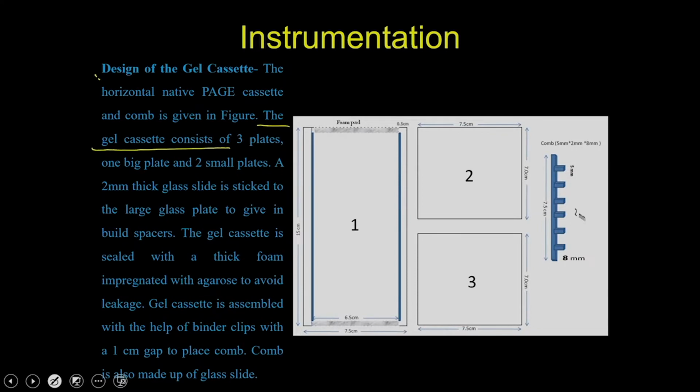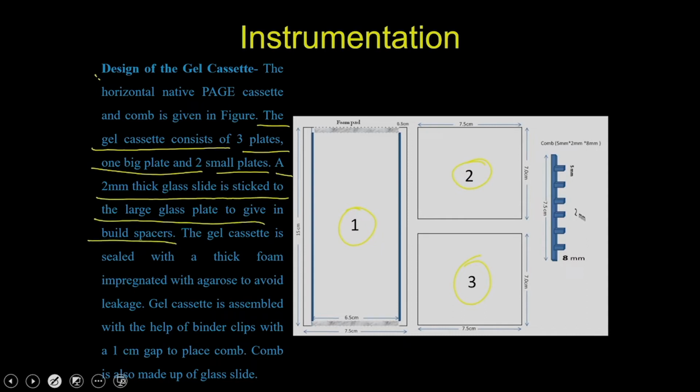The gel cassette consists of 3 plates: one big plate, which is plate number 1, and 2 small plates, which are numbers 2 and 3. A 2 mm thick glass slide is stuck to the large plate to give the inbuilt spacer, which means you put the 2 mm thick glass slide onto the side, and that gives you the spacer.